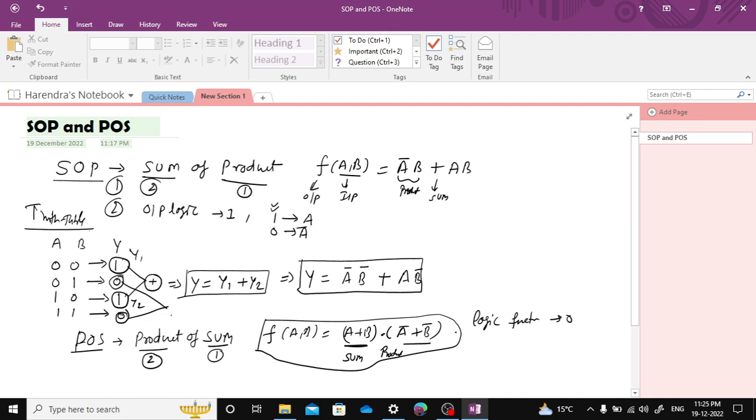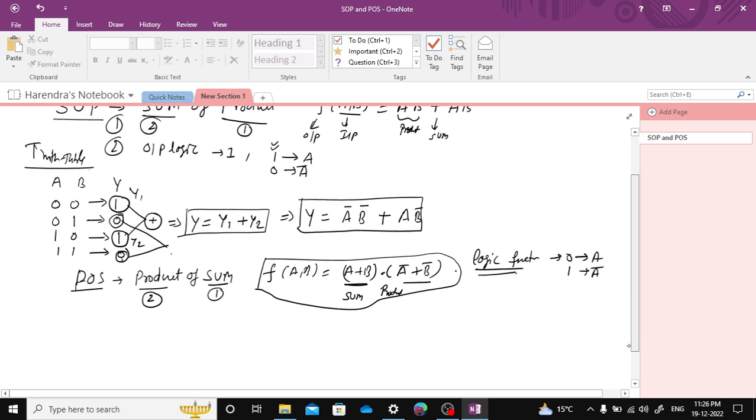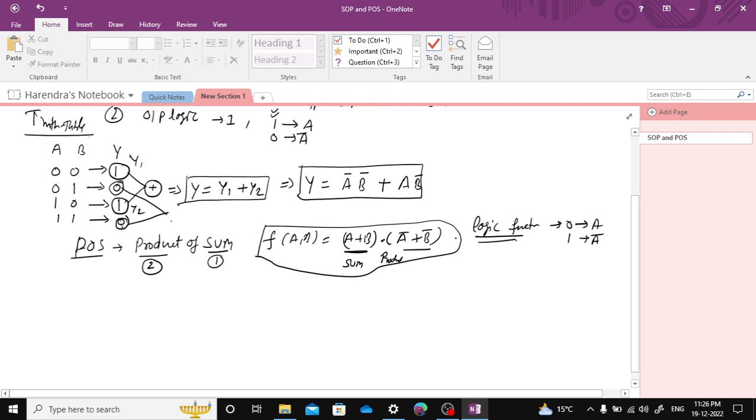So final output depends on these two values, that is the logic function 0. So you have to consider the logic 0 for POS. Okay, so 0 means without complement and 1 means with complement. So it is just opposite to SOP expression. Okay, so how to write down the POS expression for the given truth table?